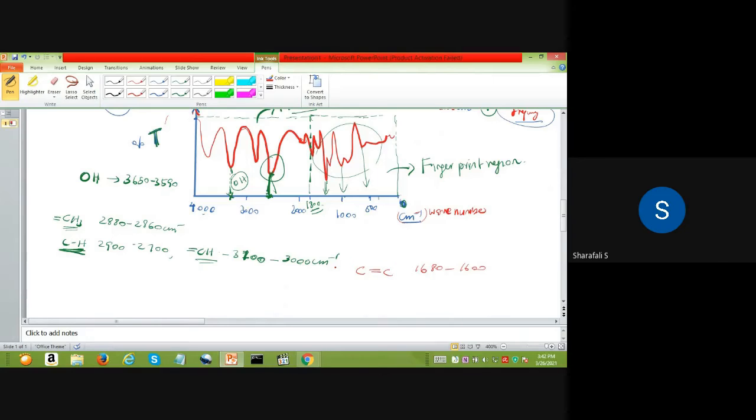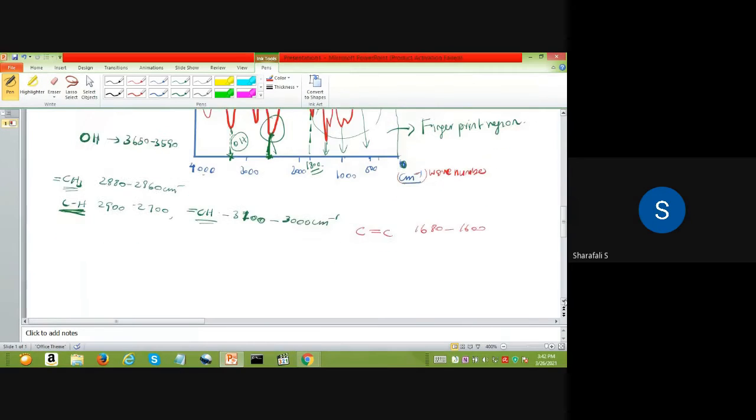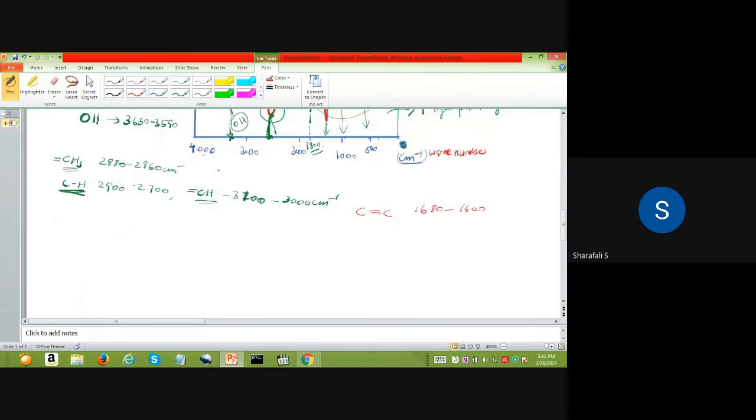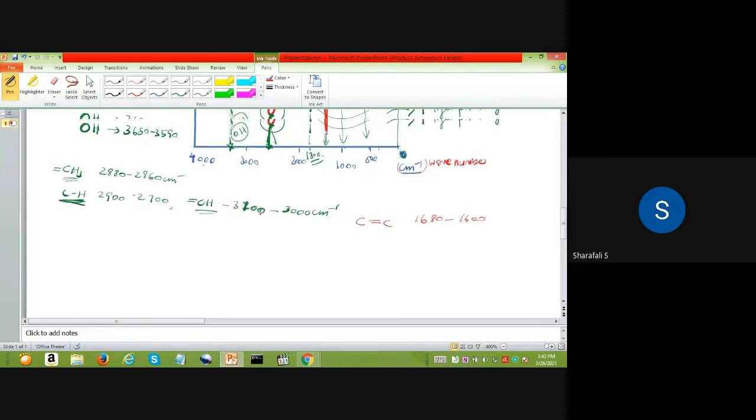So all this you can find out from that particular table of IR spectroscopy. And if you are having these different groups, alkene group or such kind of functional groups, you can get that kind of information from your IR study.